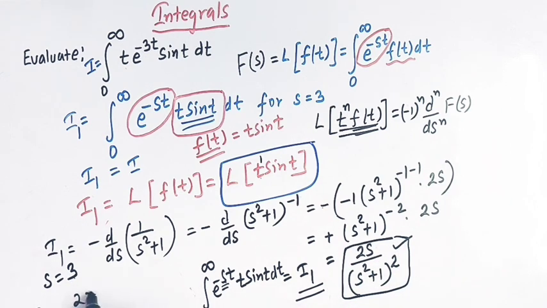So we have 2 times 3, then we have 3 square plus 1 whole square, so this is 6 divided by 9 plus 1 square, that is equal to 6 over 10 square, and that is equal to 6 over 100. And if we simplify it, we have 3 over 50, right?